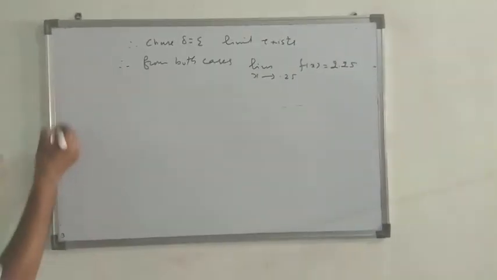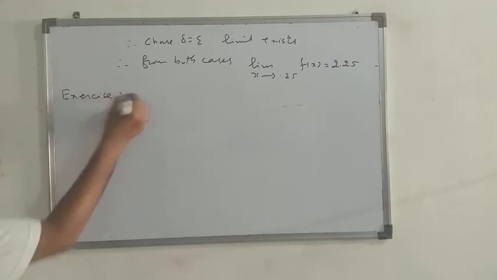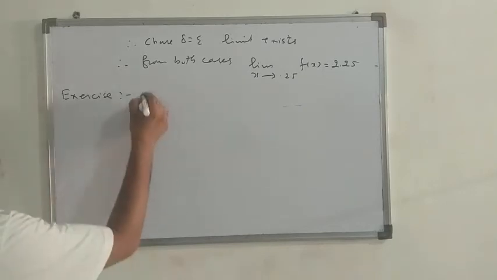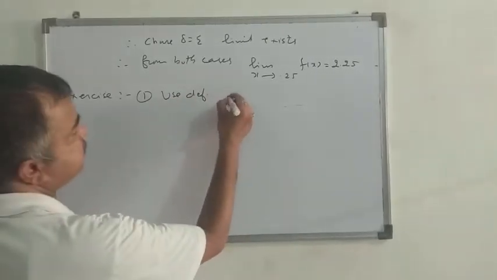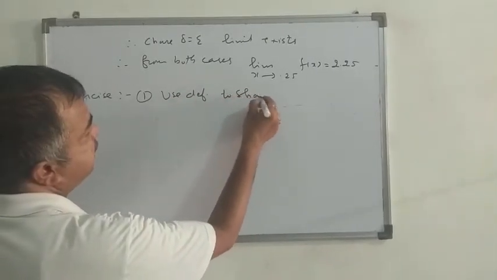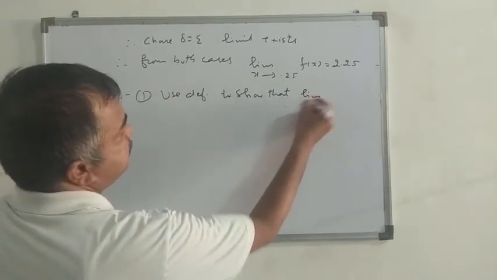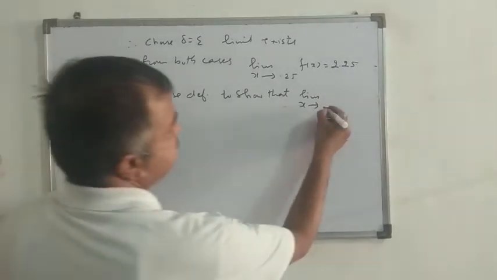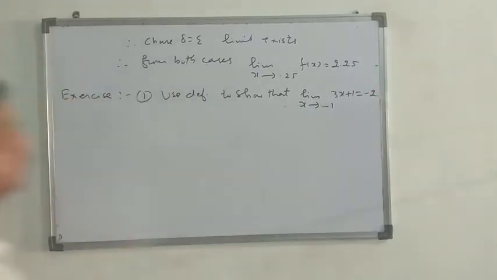So next, some problems for you to solve. First, use the definition to show that the limit as x tends to −1 of 3x + 1 equals −2.